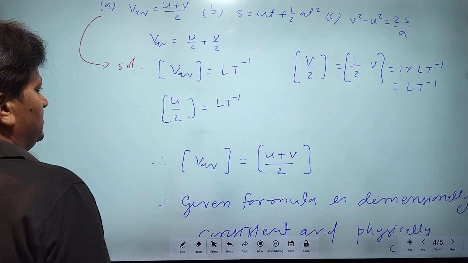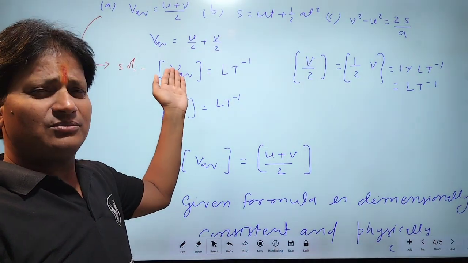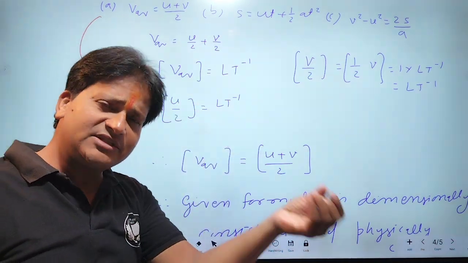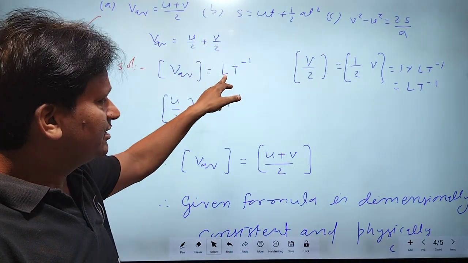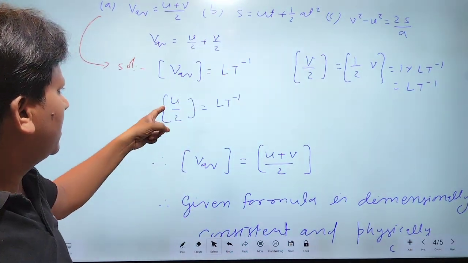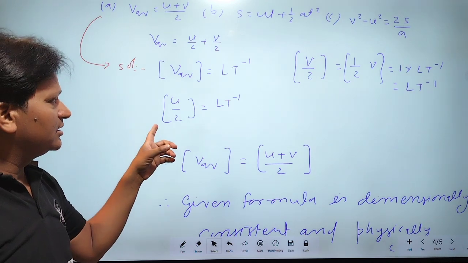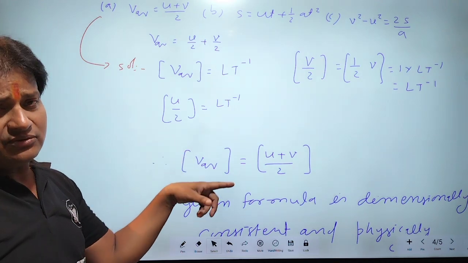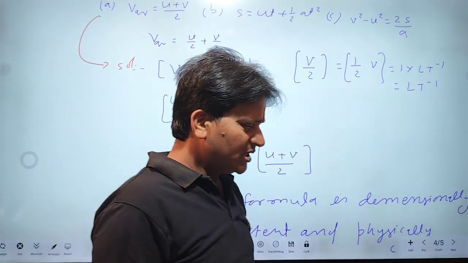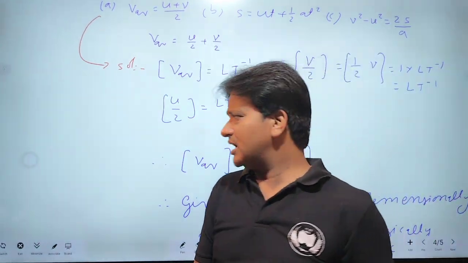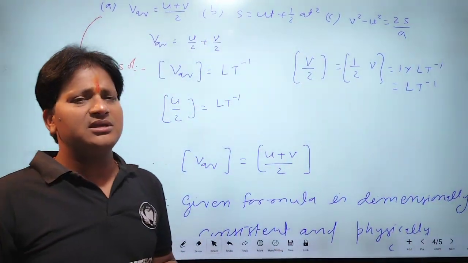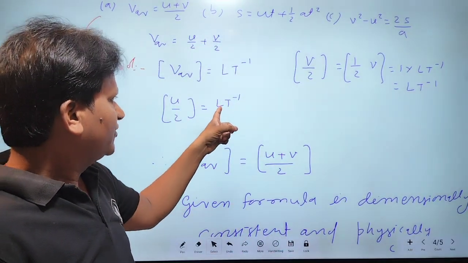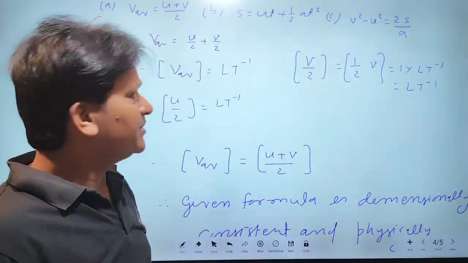The dimension of the average velocity, v average, this is velocity, therefore the dimension of average velocity will be equal to the dimension of velocity, LT^-1. And u upon 2 will be equal to half into u. Half is a number, therefore its dimension is 1, and u is initial velocity, therefore its dimension is LT^-1. 1 into LT^-1 will be equal to LT^-1.